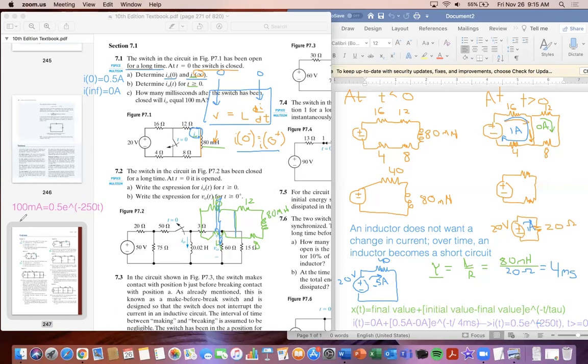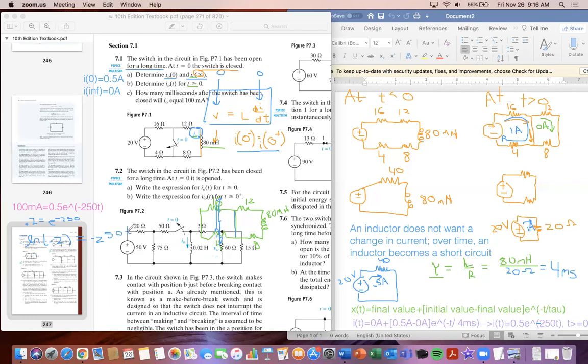I get 0.2. So right here, 0.2 is equal to e to the negative 250t. You need to take the natural log of both sides, which causes that to cancel. So natural log of 0.2 is equal to negative 250 t.